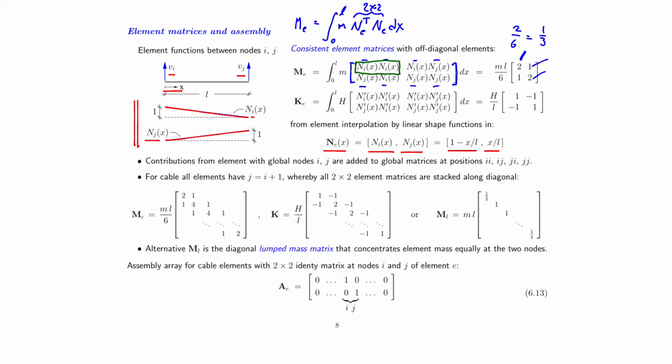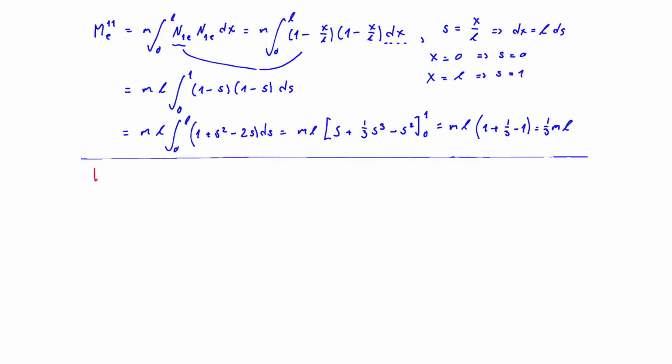If we want to just check whether we have got the stiffness matrix correct, we must then initially find the derivatives of the shape function. Simply because the stiffness matrix, let's again take the upper left component, 1, 1 component, will be the stiffness, or the tension force, and then we'll integrate over the length of the element, and we will now have the first derivatives of the respective shape function entries.